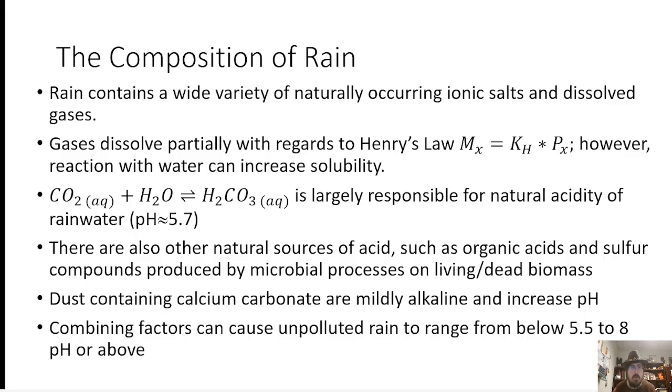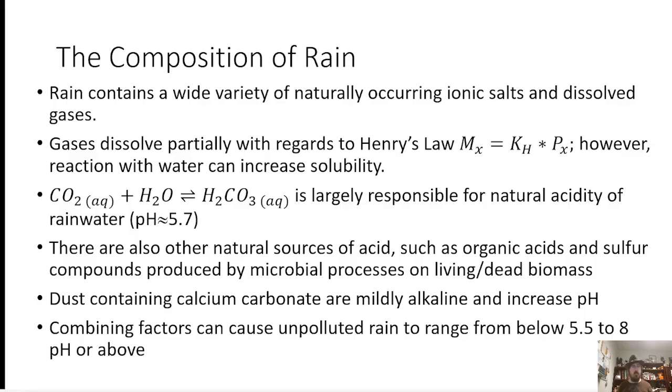So CO2 solubility should be low. But because CO2 can react with water to form carbonic acid, it increases the solubility of CO2 versus oxygen and nitrogen. Now, CO2 dissolved in water is largely why rainwater is naturally acidic, about a pH of 5.7.